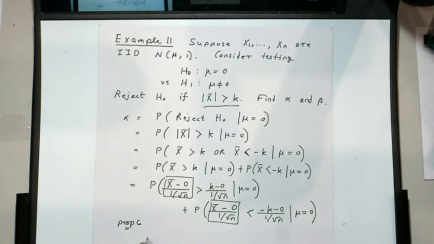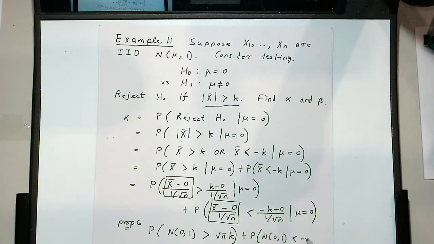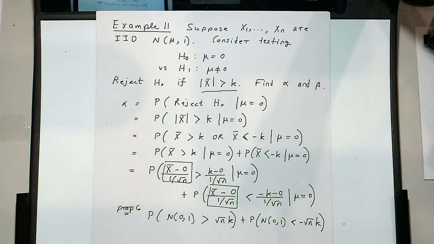So you have the probability that N(0,1) is greater than root n times k, plus the probability that N(0,1) is less than minus root n times k. Once again, I remove the conditioning because we have used the conditioning to argue that these two have the standard normal distribution, because of property number 6.